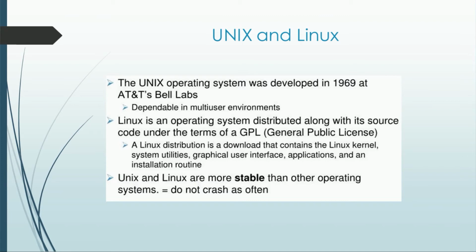The Unix operation system was developed in 1969 by Bell Labs, and Linux is an operation system distributed along with its source code under the terms of the GPL, General Public License. I already said that this is harder to work with than other operation systems. Unix and Linux are more stable than other operation systems and do not crash as often.